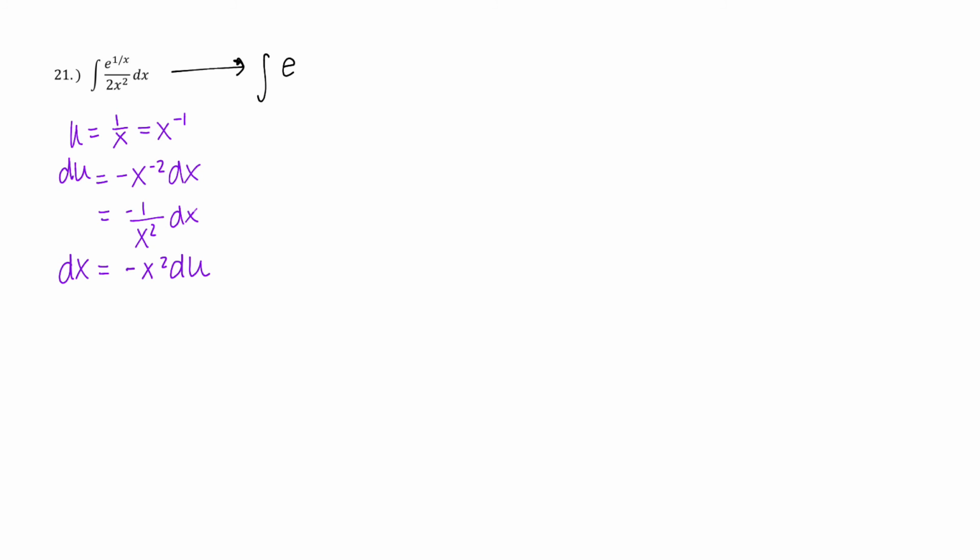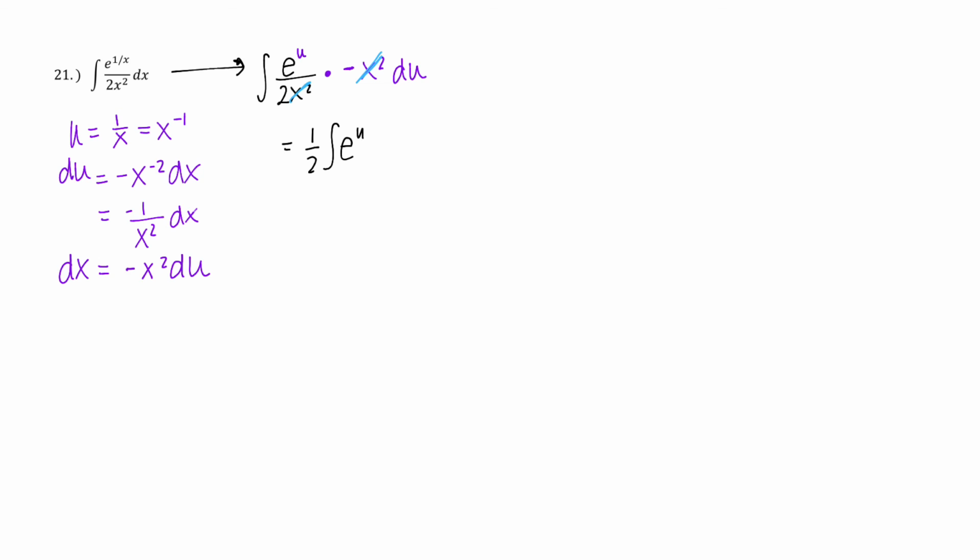So we have e to the u over 2x squared times negative x squared du. The x squareds are going to cancel. We can pull the 1/2 out front.